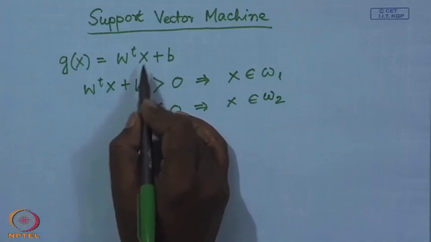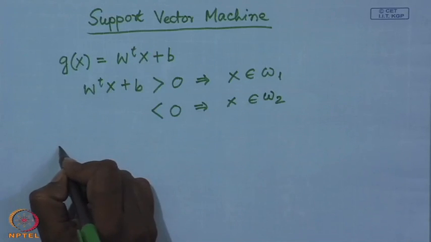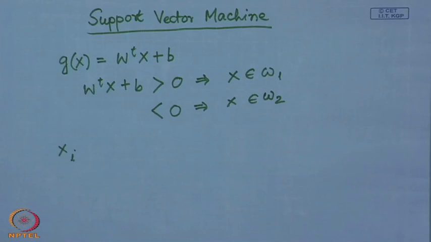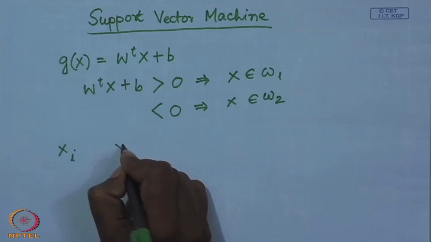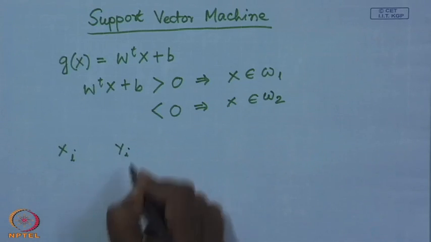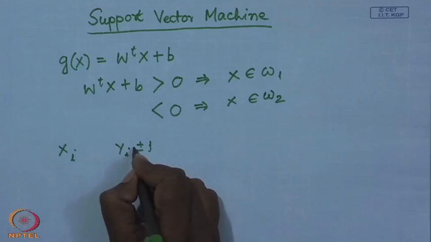Right. So, over here, with every x, I indicate a number, say y i, where y i can be either plus 1 or minus 1.